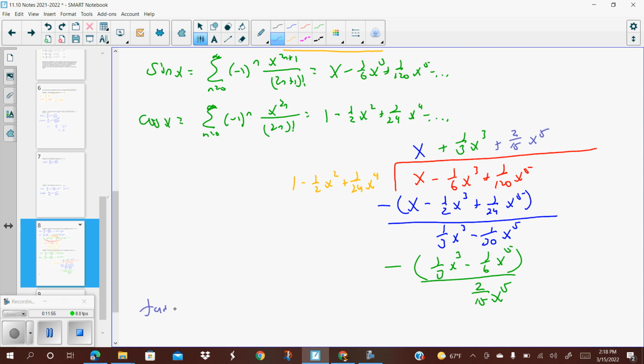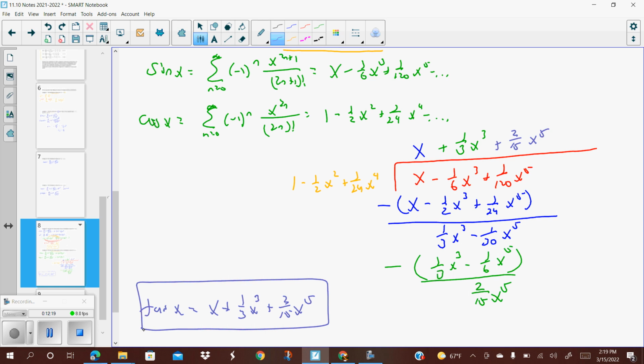The first 3 non-zero terms for tangent of x are going to be x plus 1/3 x cubed plus 2/15 x to the 5th. Probably the most difficult ones are the long division ones here to do. They just take the most time. But you're kind of going term by term to do it.